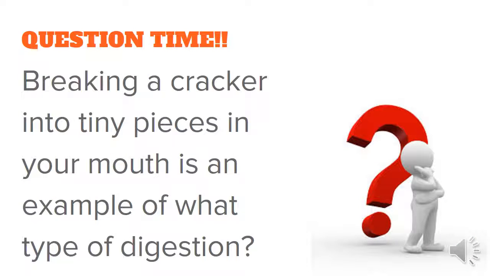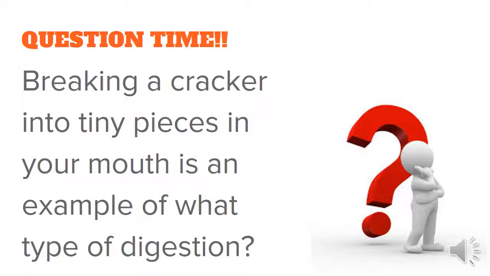Okay, so let me point out, breaking a cracker into tiny pieces in your mouth is an example of what type of digestion. So I'm going to kind of give this to you. We have mechanical digestion and chemical digestion. Mechanical digestion is the act of chewing. So you're physically doing something.